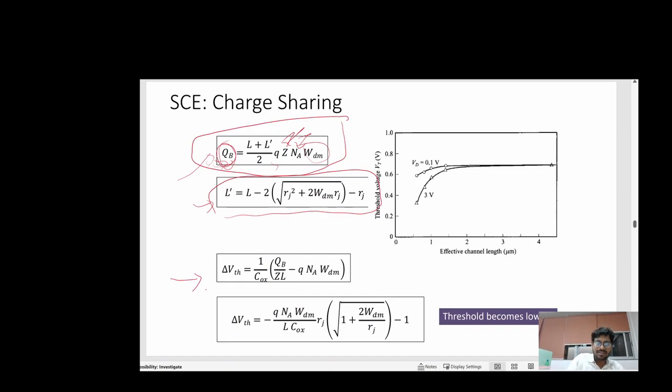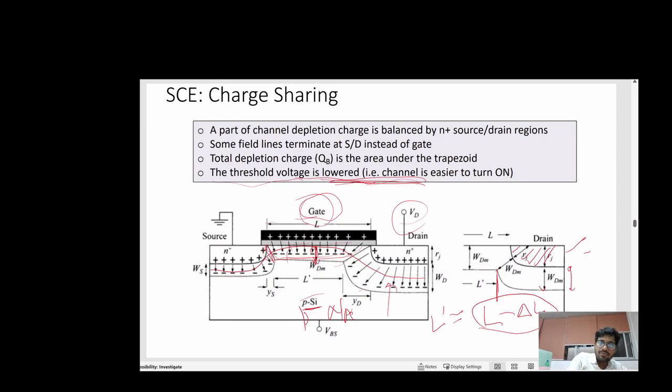So for delta VTH, initially the charge was QB, divided by COX, into Z into L. This was the VTH, the threshold voltage. Now it has reduced to this one because of the trapezoid formation.